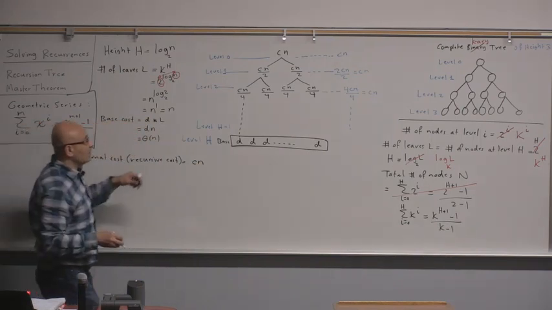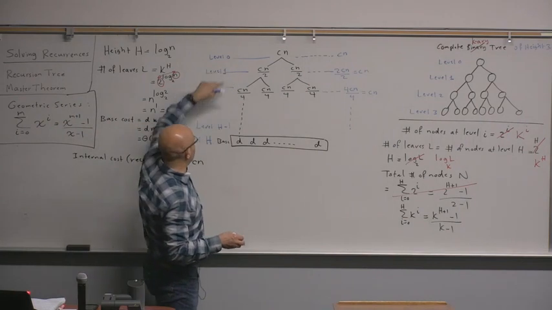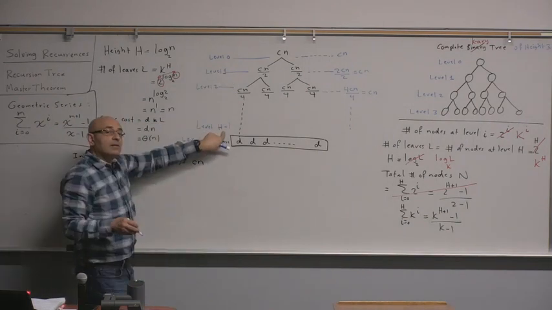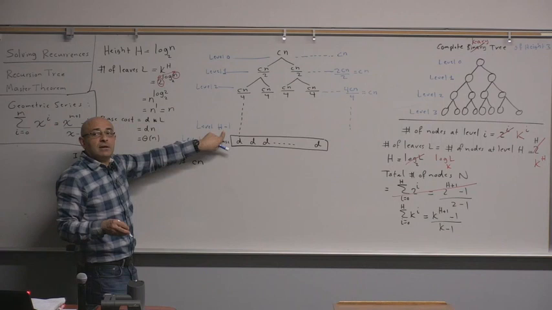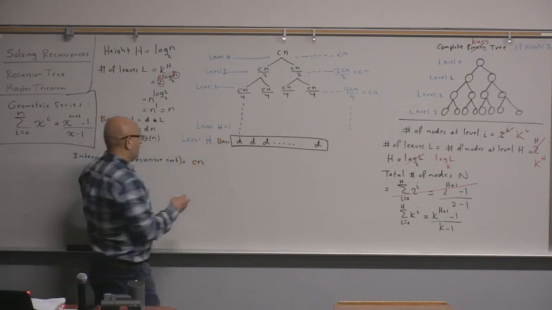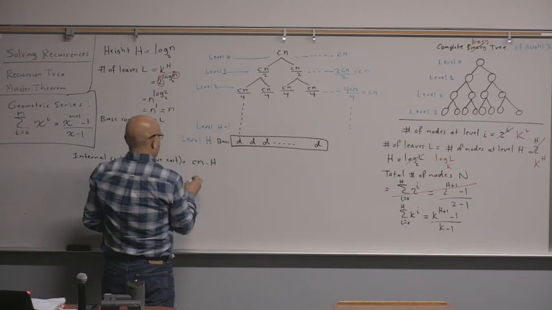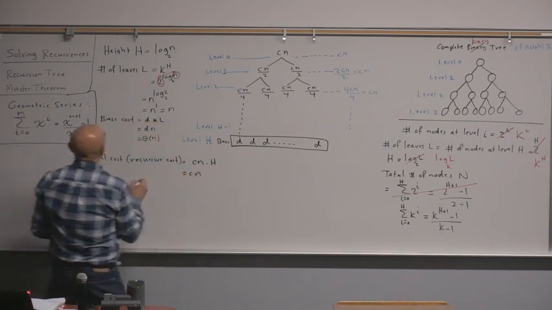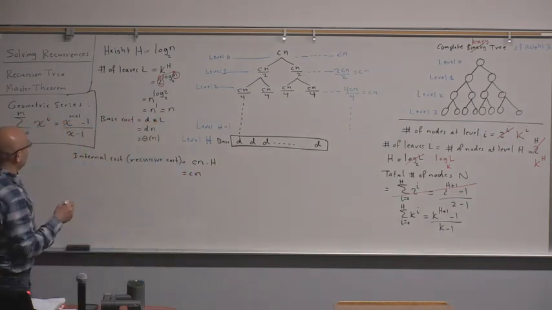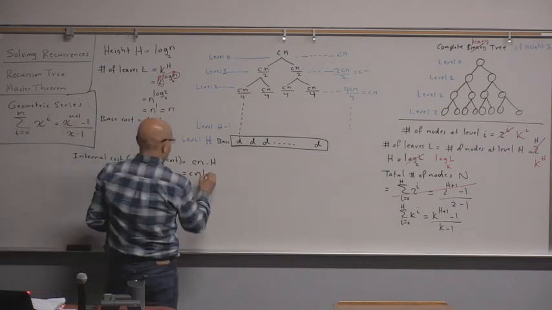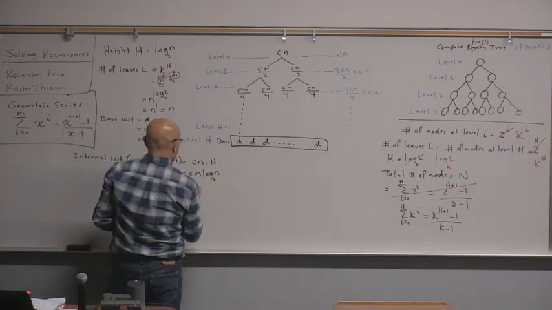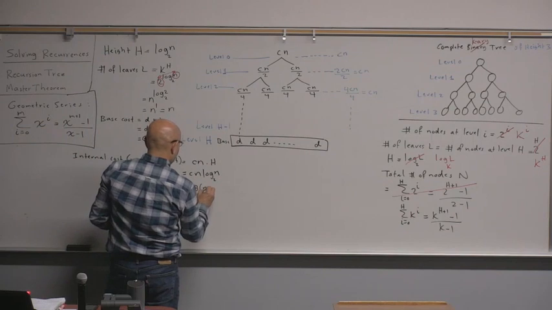The number of internal levels is h because they go from 0 to h minus 1; from 0 to h minus 1, there are h of them. So Cn times h. What's h in this case? H is log n base 2, so this is theta of n log n.